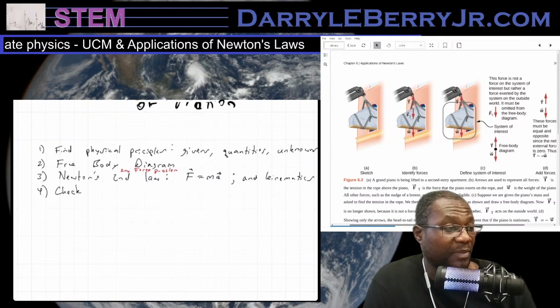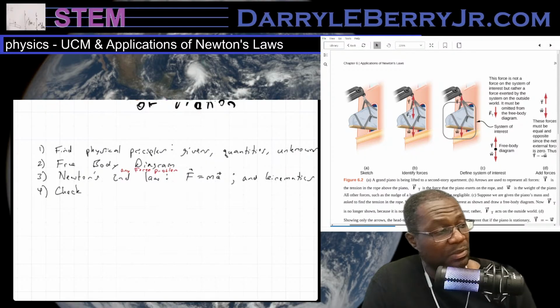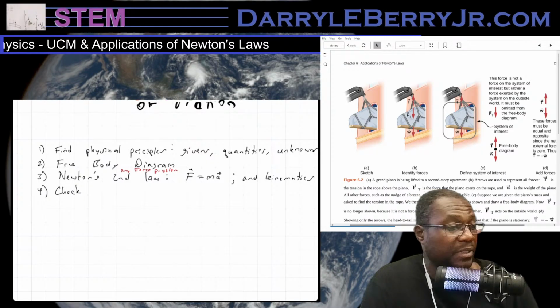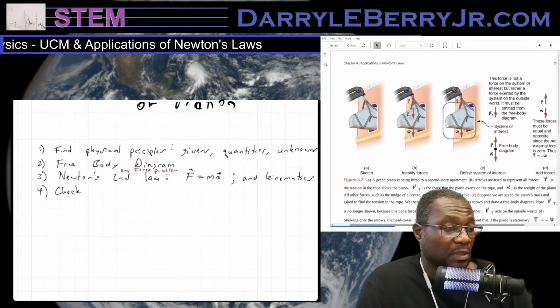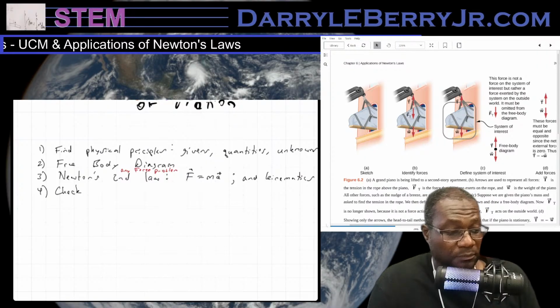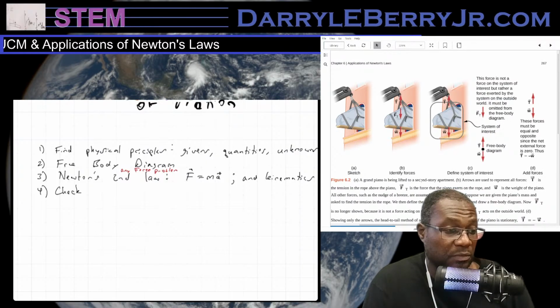It must be omitted from the free body diagram. I guess they're saying that this is the weight pulling down the crane. Free body diagram. The tension and the weight balance. These forces must be equal and opposite since the net external force is 0. Thus T equals negative W.